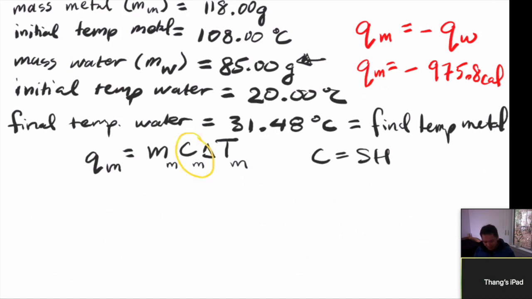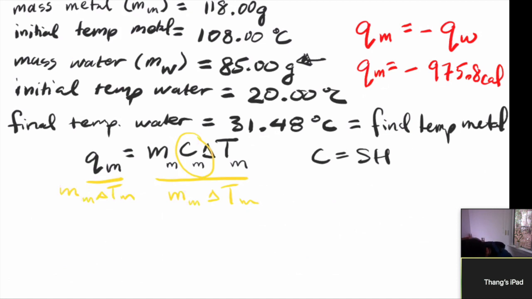And so which variable represents the specific heat? That one, right? Okay, so we have to rearrange this equation so that we can solve for specific heat. To do so, we have to divide both sides by the mass and the change in temperature. What we do on one side, we have to do on the other side.